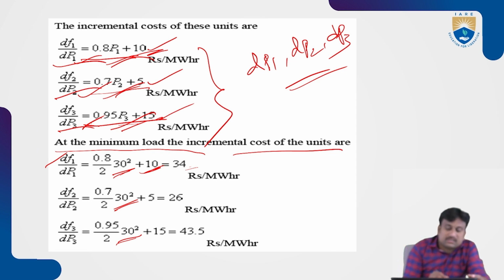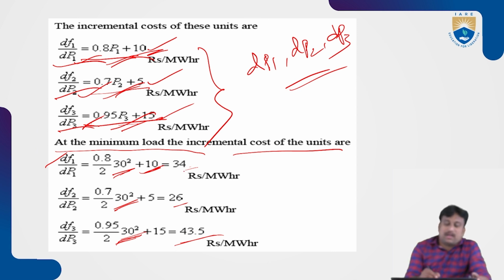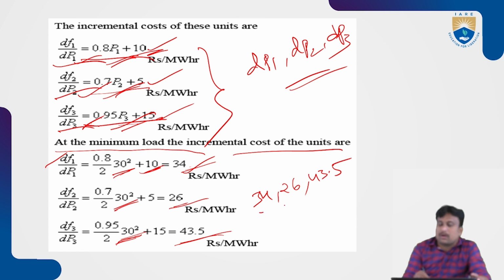Similarly, here 0.7 by 2 times 30 square plus 5 gives 26. And here 0.95 by 2 times 30 square plus 15 gives 43.5. So these are the values we obtained for the respective units: 34, 26, 43.5. All are in rupees per megawatt hour.